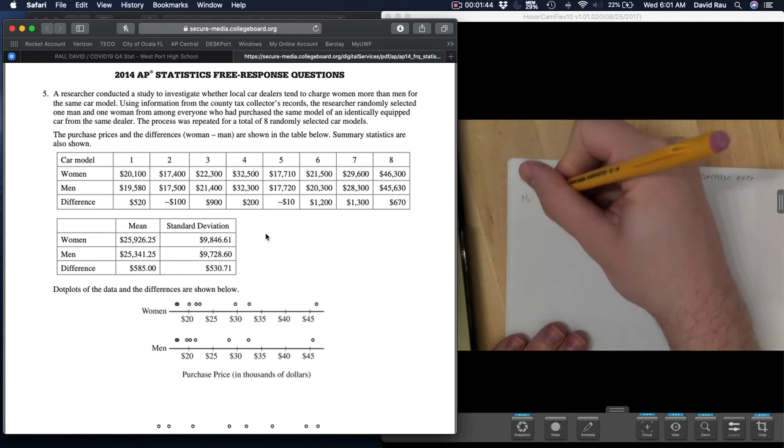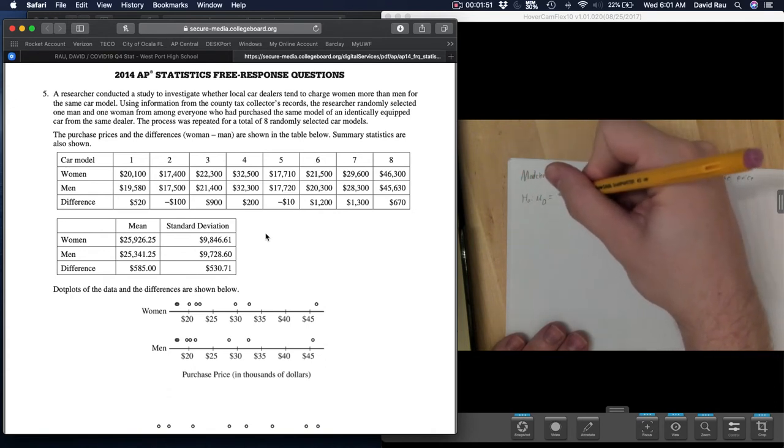So what's our H0? Our H0 is that the difference between men and women is, and we write it like this, the difference between the two is equal to 0.